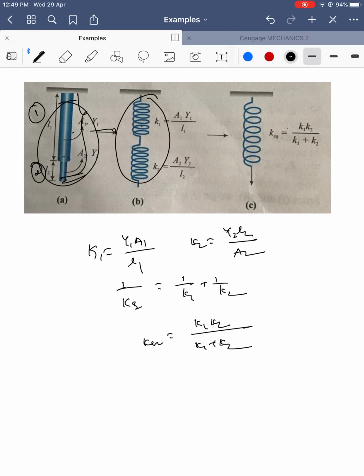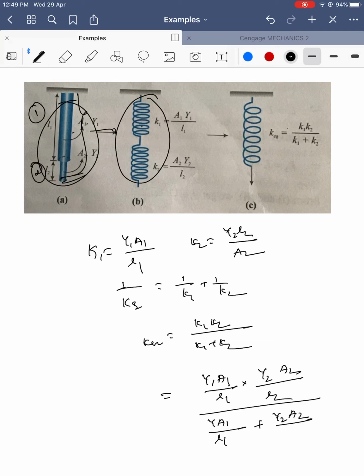K equivalent means K1 K2 by K1 plus K2, which is Y1 A1 by L1 multiplied by Y2 A2 by L2, divided by Y1 A1 by L1 plus Y2 A2 by L2.